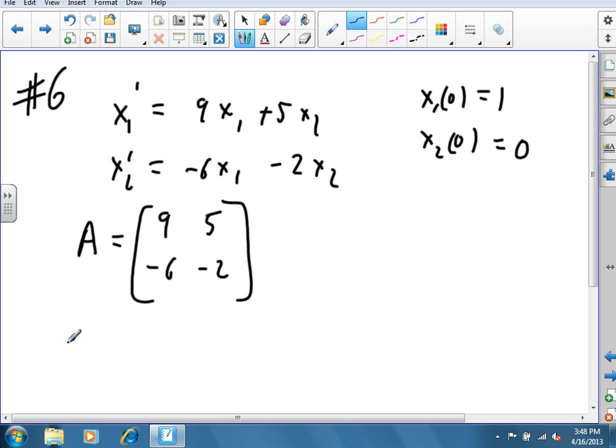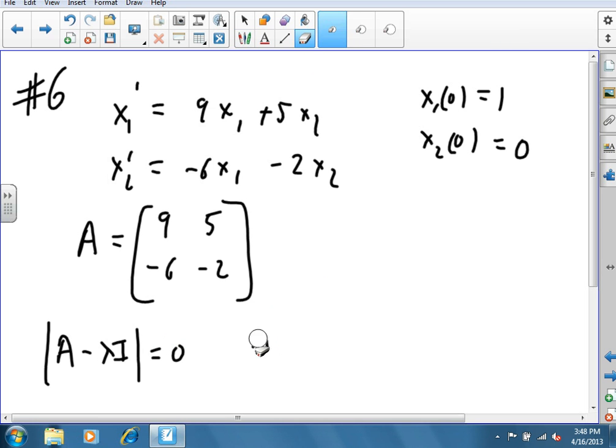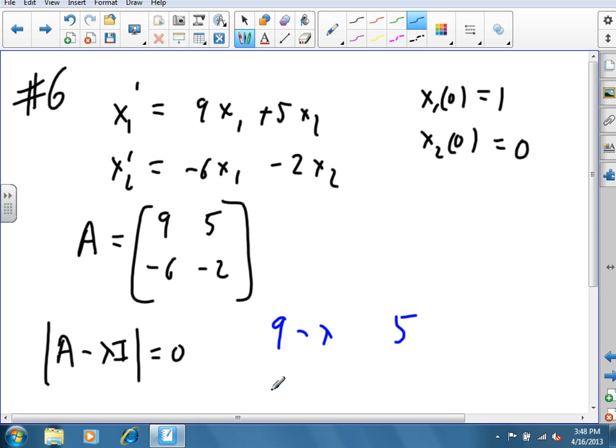I want to find the eigenvalues, A minus lambda I, and the determinant of that, and I want to set it equal to 0. So I'm going to have 9 minus lambda, 5, minus 6, minus 2 minus lambda, and I want that determinant equal to 0.